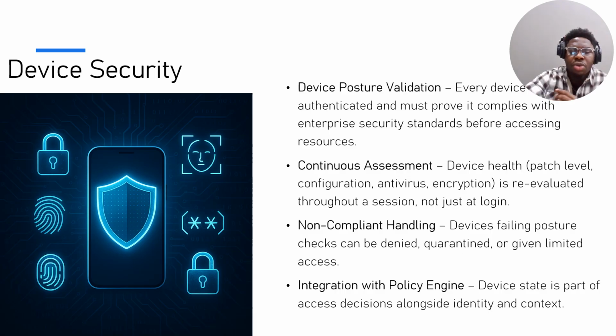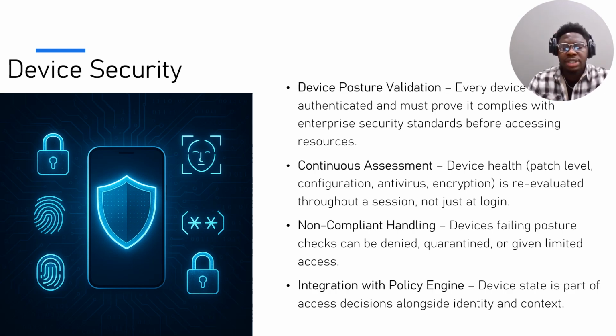Now we're going to go to device security. When we talk about device security, we have device posture validation. Every device is authenticated and must prove it complies with the enterprise security standard before accessing resources.